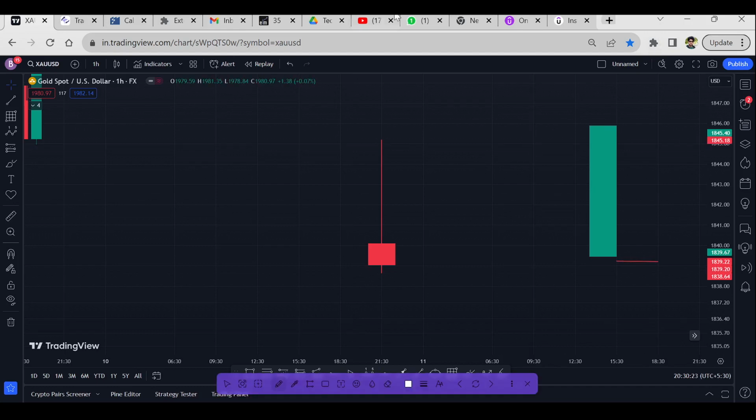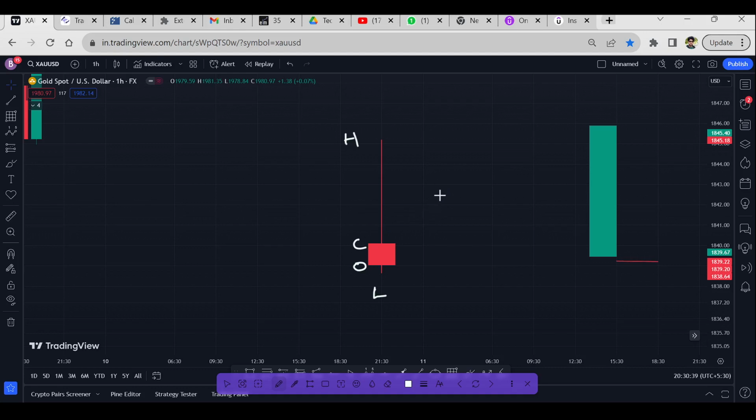Okay, we got it. So this candle set the highest point here, the lowest point here, it opened here, and it closed here. This kind of price action candle we call a hammer pattern.